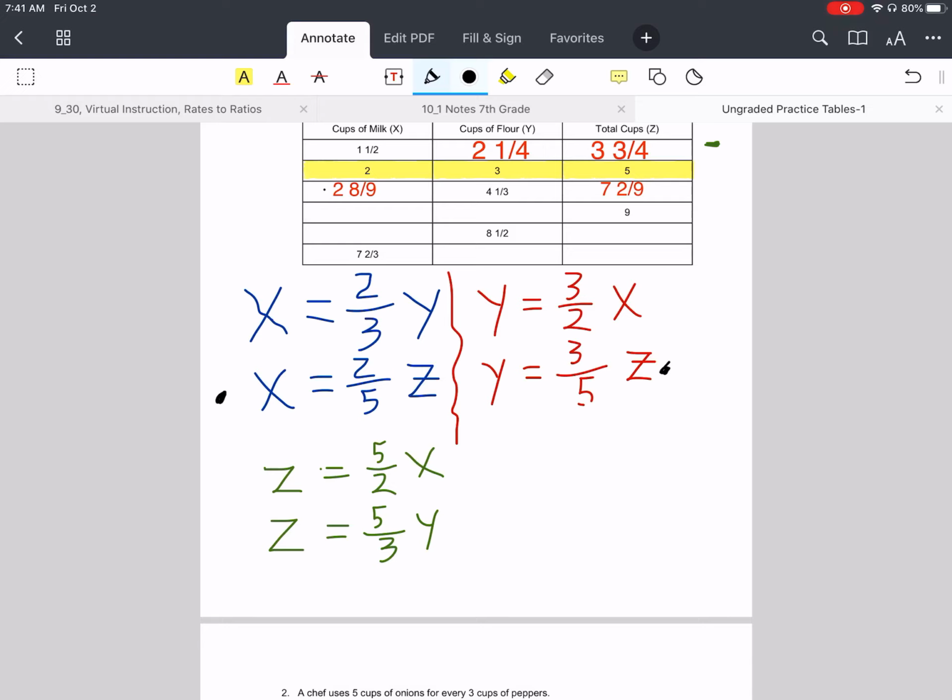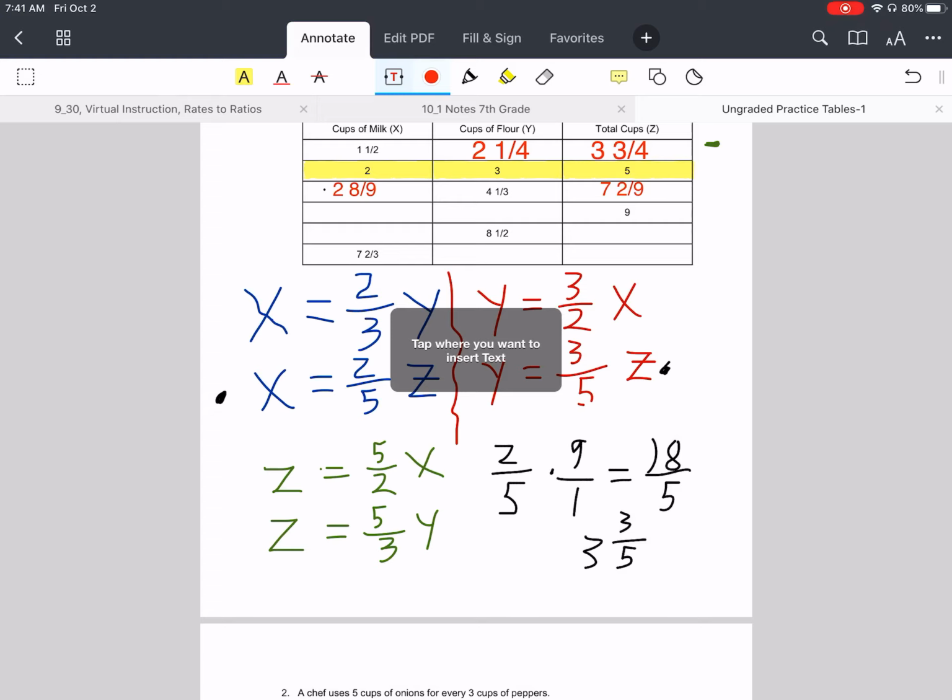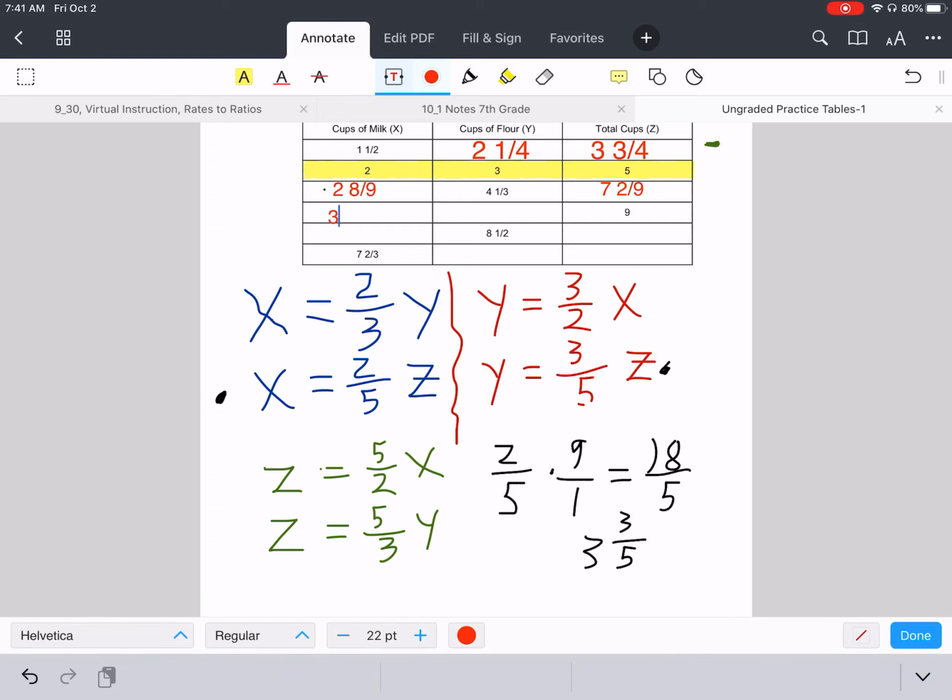So for the x value, 2/5 times 9, that's equal to 18 over 5. 5 goes into 18 3 times, and there are 3 left over. That gives us a value of 3 3/5.